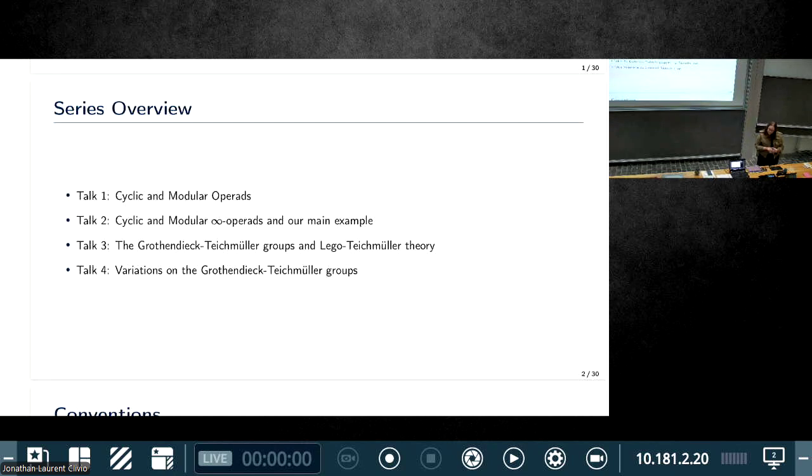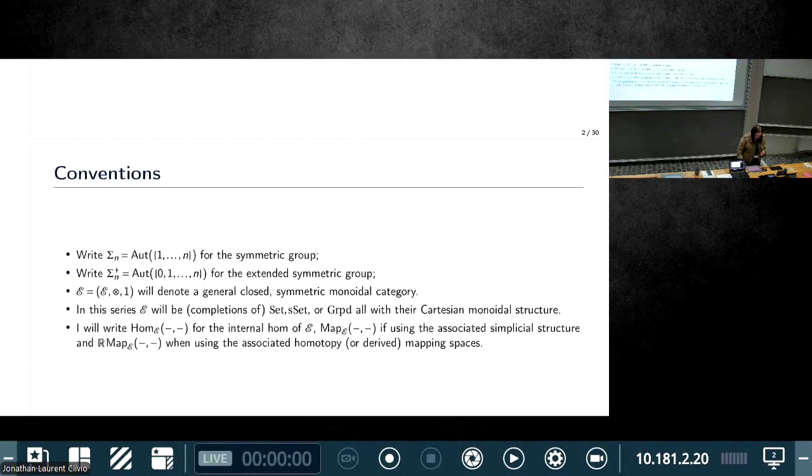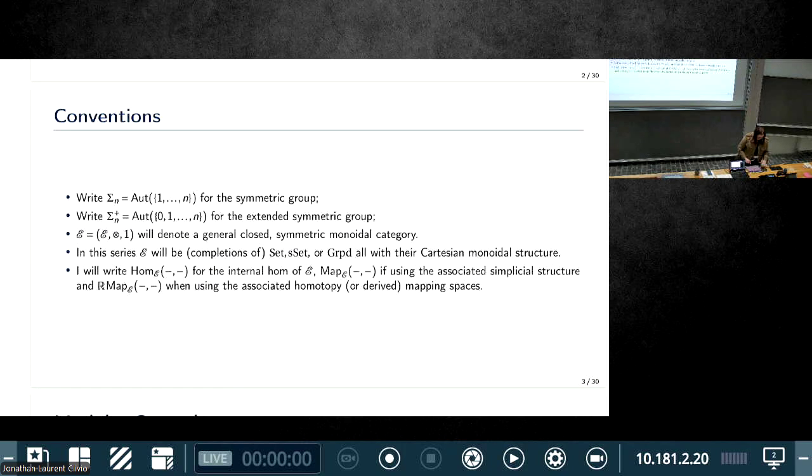And then in talk 4, lots of variations on the Grothendieck-Teichmüller groups and many, many open problems. So we'll see where we go. It'll be a lot of information, but hopefully I'll give you enough references. Okay, so let's just get started.